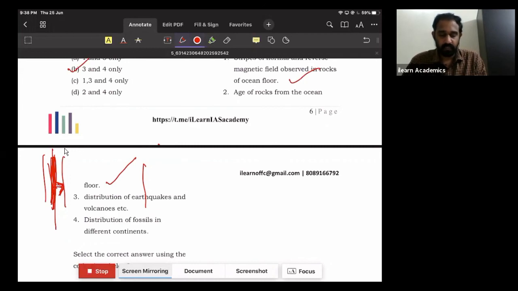Then there is distribution of earthquakes and volcanoes. So along the divergence zone, you can find a large concentration of earthquakes as well as volcanoes. So the divergent boundary is also responsible for a large portion of earthquakes and volcanoes. So we know that the age of ocean floor is generally low.